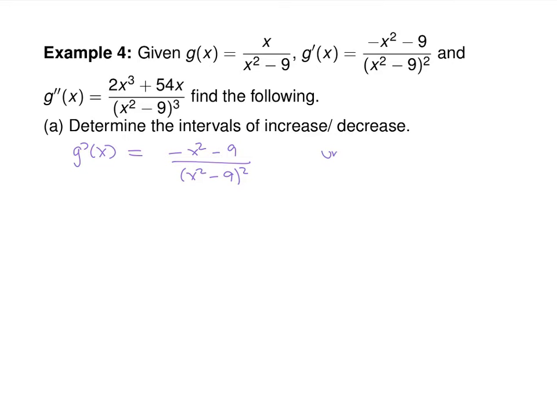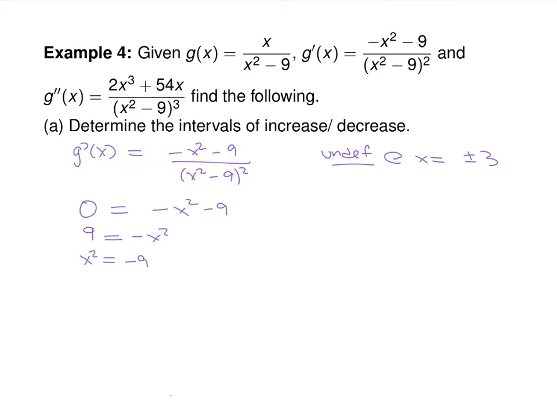Okay, so first of all, where is this thing undefined? +3 and -3, right? Because that makes the denominator 0, yes? Okay. Then try to solve 0 equal to the numerator. You get 9 equals -x squared, or x squared equals -9. Does that have any solutions?